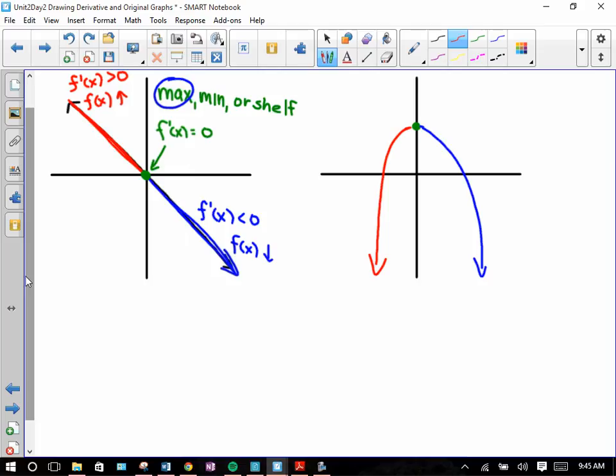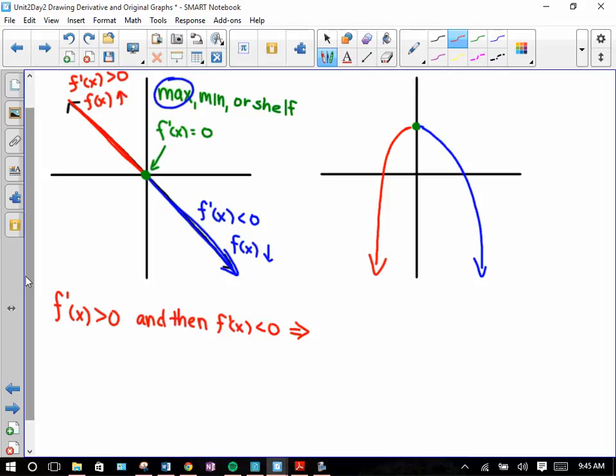If we look at the first derivative, f prime of x, and it is greater than 0, and then f prime of x is less than 0, that tells us f of x has what?